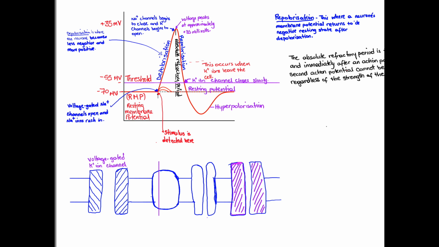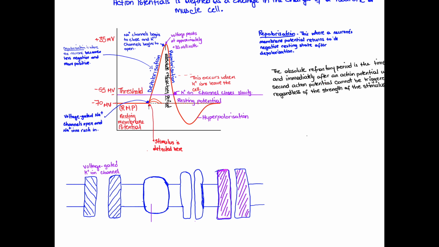Okay, so here you have the voltage-gated potassium ion channel, then the sodium-potassium ion pump, where 3 sodium ions are pumped out and 2 potassium ions are pumped in.